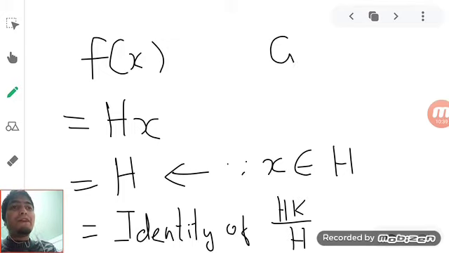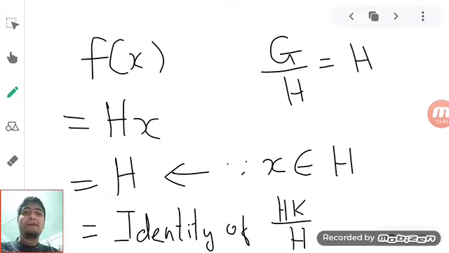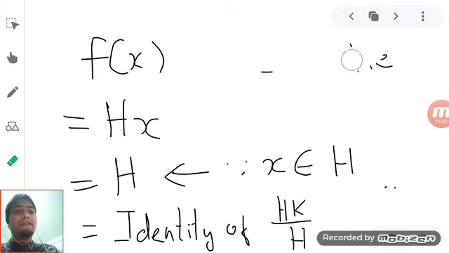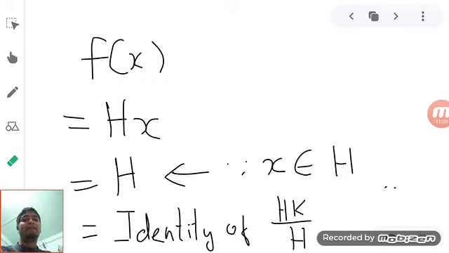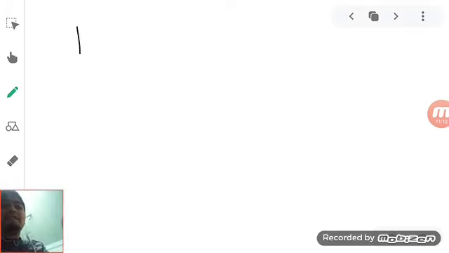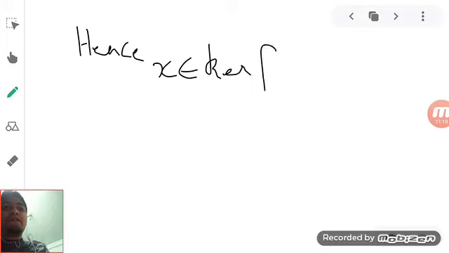Because if you remember, we have done that. The identity of G by H is just capital H, or He. So that's also why the identity of HK over H is just capital H. So when we get something like this, it means that x is sent by f to the identity. Hence, x belongs to kernel f.